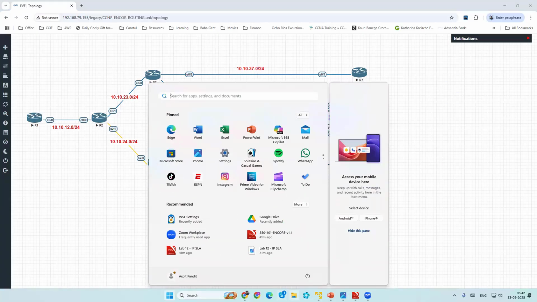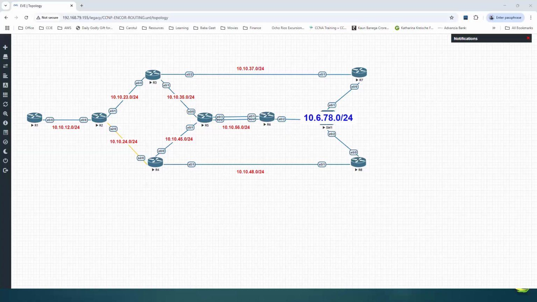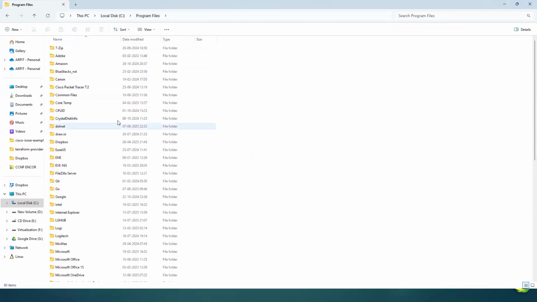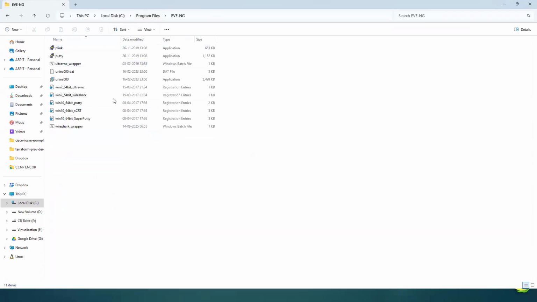And then after that, you need to go to the C drive, then Program Files, and in Program Files we have the EVE-NG folder. If you have installed the Windows Client Pack, you will be able to see this folder. And here you need to install this registry file, Windows 10 64-bit PuTTY.